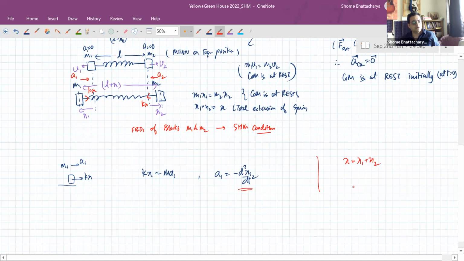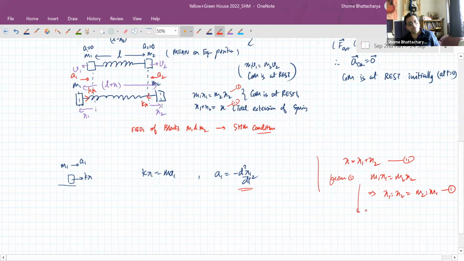So for SHM we have to relate d2x1 by dt square with x1 and not x. What do we do? That's where equation 1 and equation 2 come in. This is our equation 2, and from equation 1 we have m1 x1 equal to m2 x2. That means x1 is to x2 as m2 is to m1.